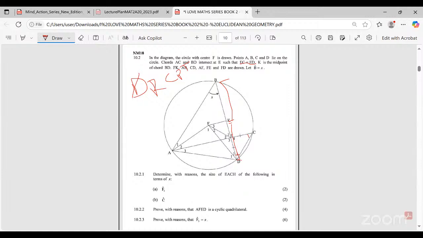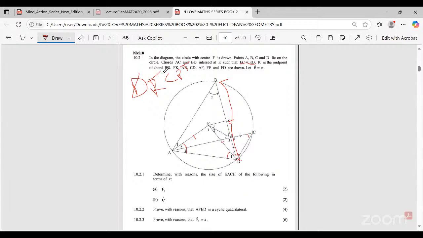FD and FA. Let me note that. That implies that FA is equal to FD, right? Yes, sir. And that will give us this angle equal to this angle. Then we are done with the radius.